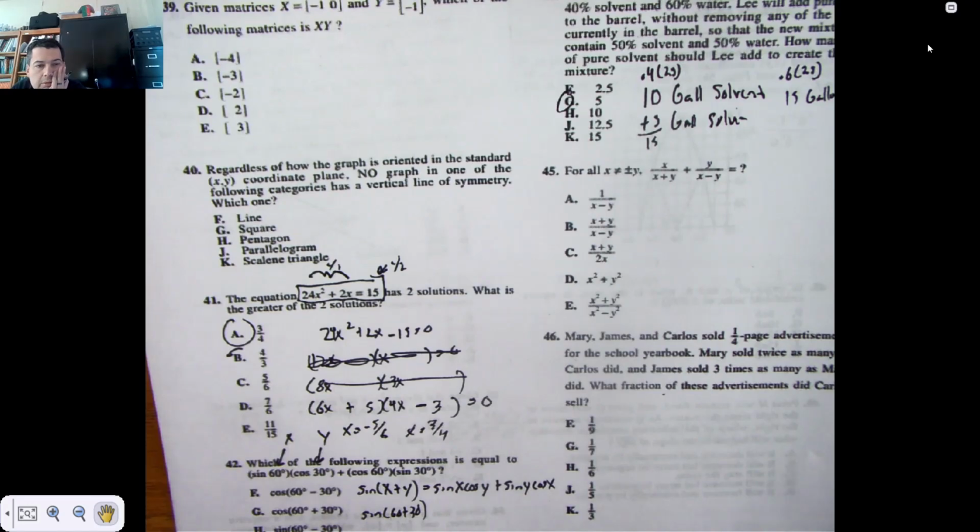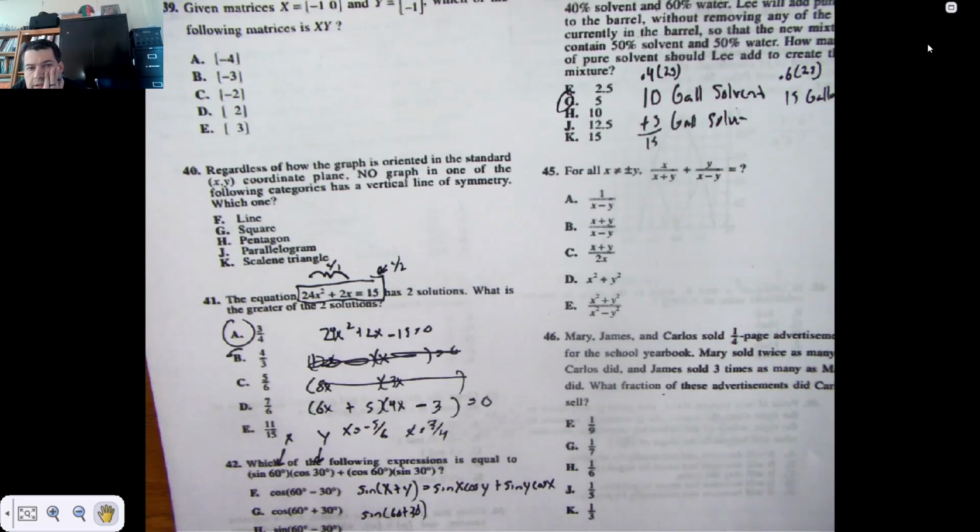Oh, what an interesting little question. One would think it would be the scalene triangle. Of course, there's some things here like the pentagon.